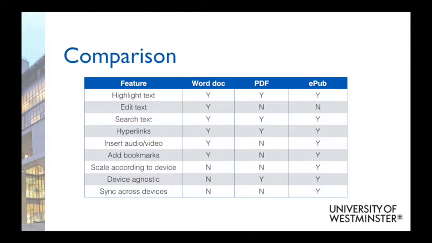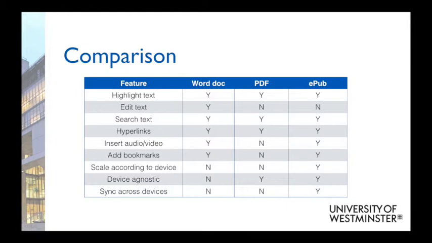This can only happen with an EPUB document. Of all three, PDF and EPUB simply require a free reader to be able to engage with the content. If it is a Word document, we would need Word to be able to read it.